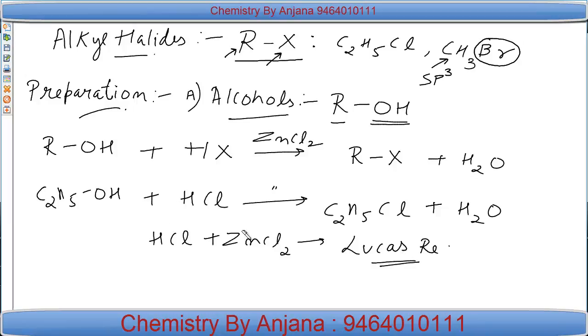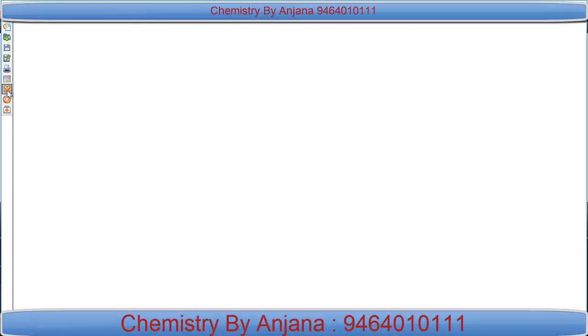Now, before I see other ways to produce alkyl halide, just see some more specifications of this particular method where we are preparing it from alcohol.